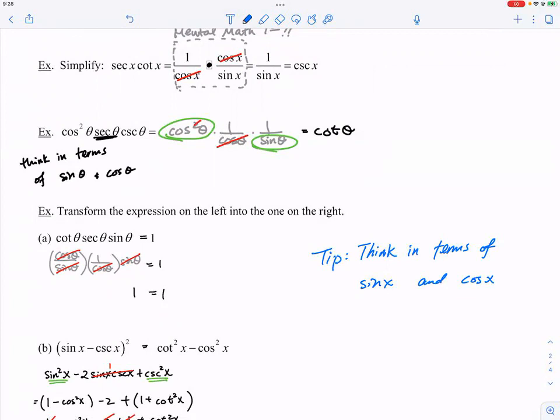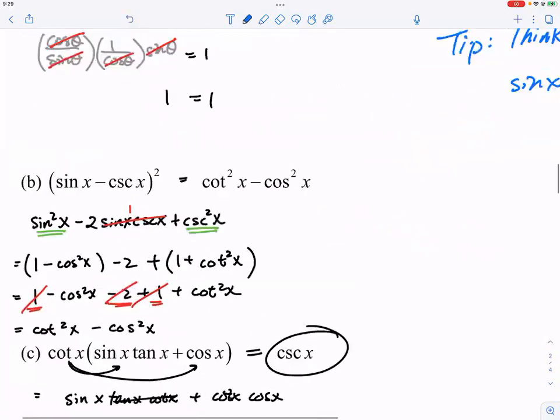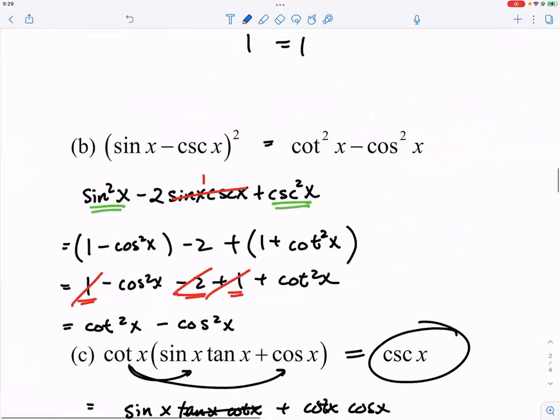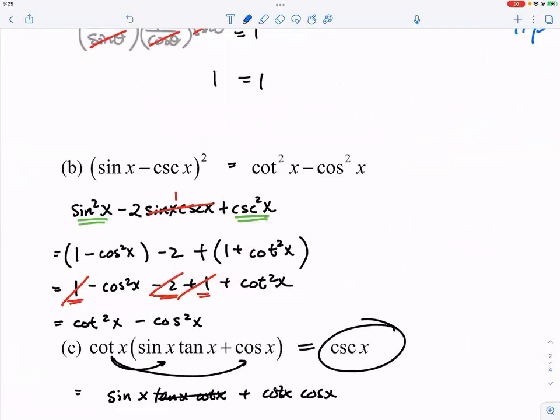Like when you look at part A right here, if you change it back to sine theta and cosine theta, it's a lot easier. And by the way, theta and x are just unknowns. Sometimes we use x, sometimes we use theta. And whenever you see some kind of square, that should trigger that Pythagorean identity.